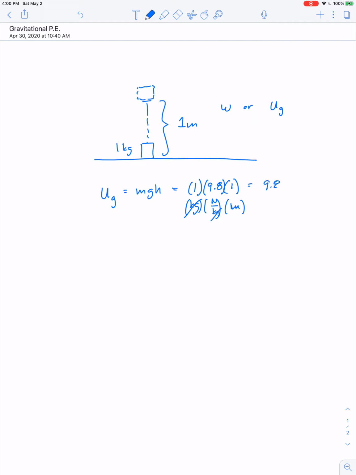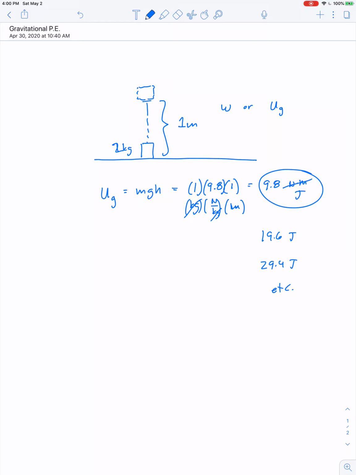Numerically, we get an answer of 9.8, and dimensionally, we have units of newton meters, and a newton meter is a joule. Easy stuff. 9.8 joules of gravitational potential energy were stored. And if it were 2 kilograms that we lifted, it would have been 19.6 joules of energy. If it was 3 kilograms, 29.4 joules, and so on and so forth.